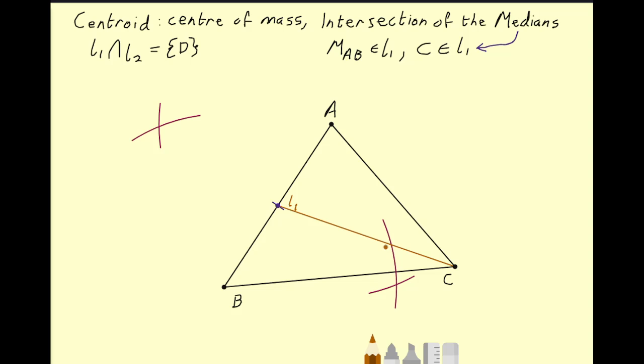I'm now going to draw in L2 using exactly the same steps. Get the midpoint of one of the sides and then go through the far vertex. So here I have gotten my midpoint of AC and gone through the far vertex of B. That's my blue line.